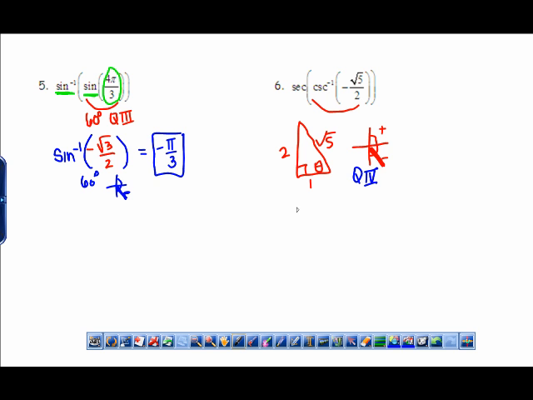Secant of this theta, secant would be in quadrant 4, positive or negative? Positive. So this is a case where you end up in a different quadrant, but cosine and secant are both positive in quadrant 4. So my final answer is going to be positive. It's going to be positive root 5 over 1 because of the ratio, and then I'm just going to write that as just root 5.